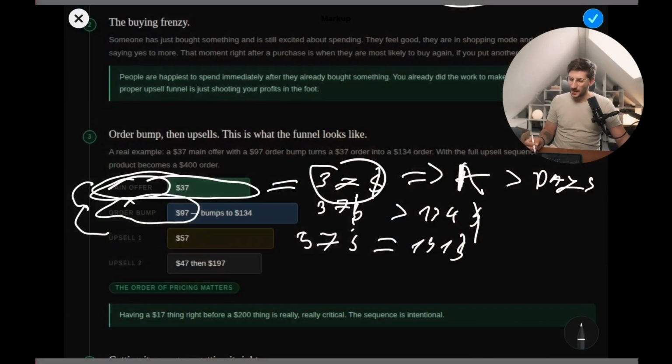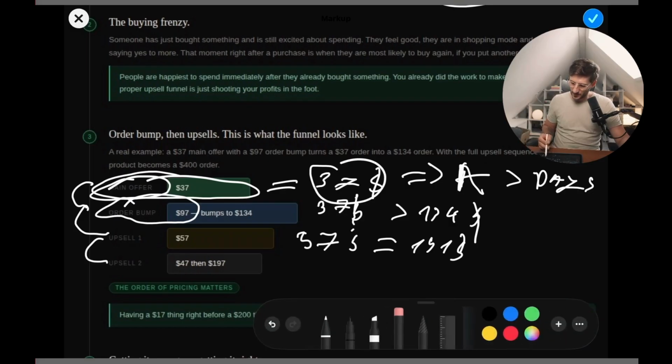If you're selling a $9 product and, let's say, it costs you $16 to make a sale online through ads, then we have a problem, because the return on ad spend will be under 1. So you're kind of losing money. If you have a sequence like this and you spend, let me erase this.